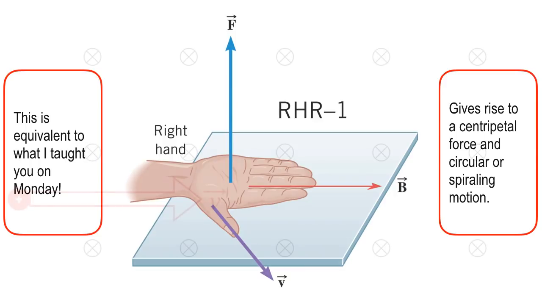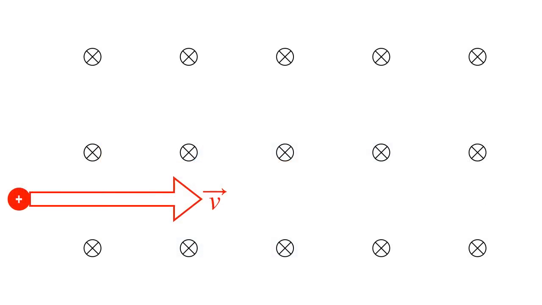So go ahead and draw yourself a sketch with a uniform magnetic field, like what I've got here. In this one, the X means that the magnetic field is going into the board, into the page of your notes.